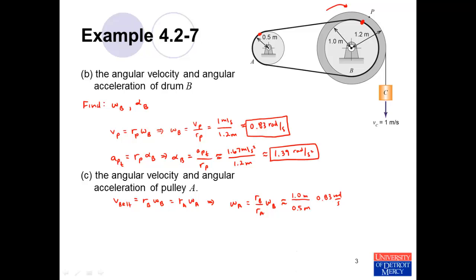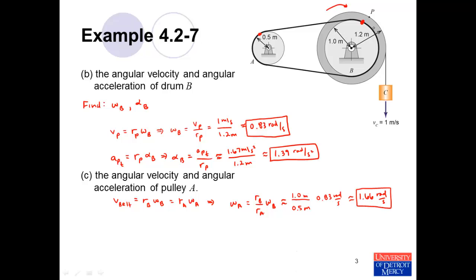And so the angular velocity of body A will be twice the angular velocity of body B, which works out to be approximately 1.66 radians per second. If we carried out more decimals, we would round to 1.67, or we could consider it to be 1.66 repeating.